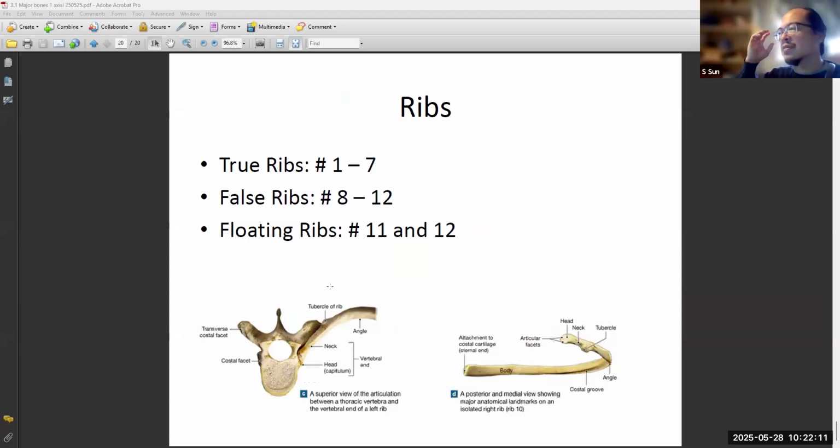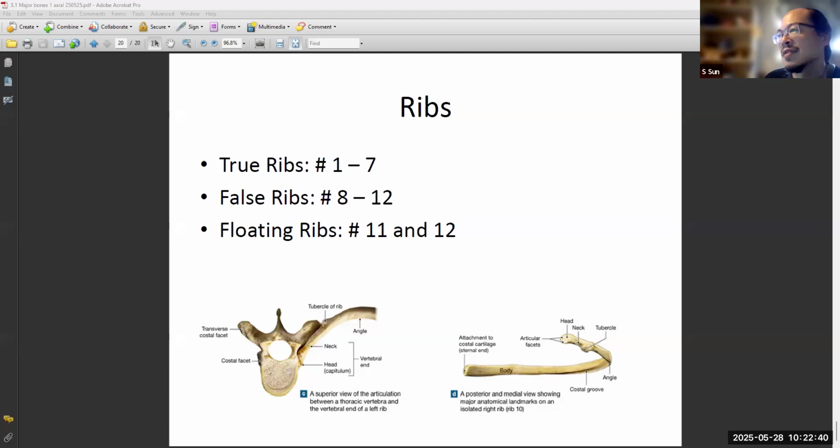Here I just show you some features of the ribs. 1 to 7 true ribs, 8 to 12 false ribs, 11, 12 floating ribs. All of the ribs connect with the spinal column, and the other end connects with the sternum through the costal cartilage.